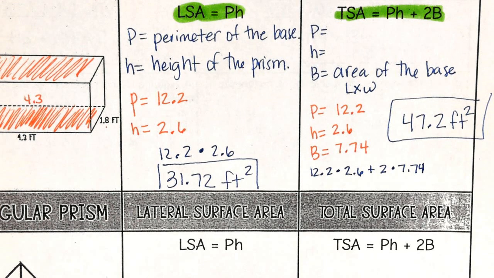Do y'all think the formulas are easier than having to break apart the rectangle into all of its pieces and then adding it together? I think it's easier.